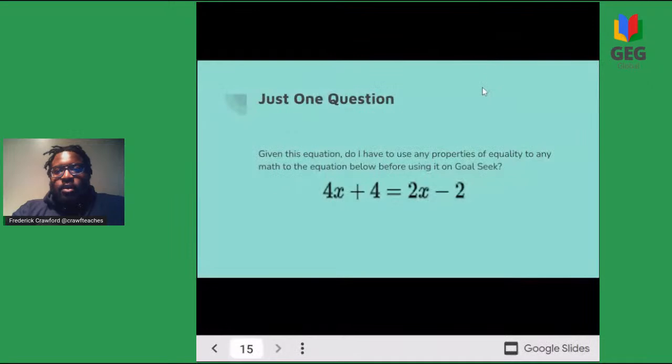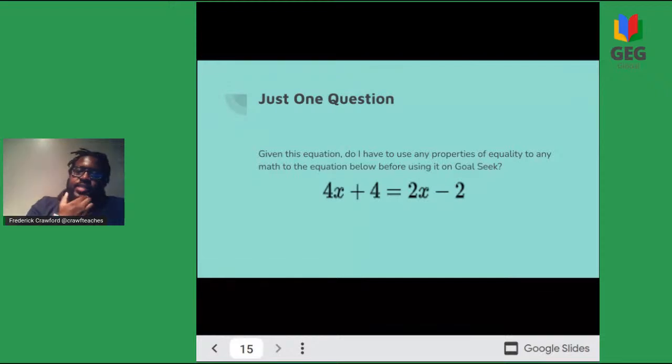You know what? Let me show one more time. Looking at the equation I have, do I have to do any math to this to solve it before I use Goal Seek?